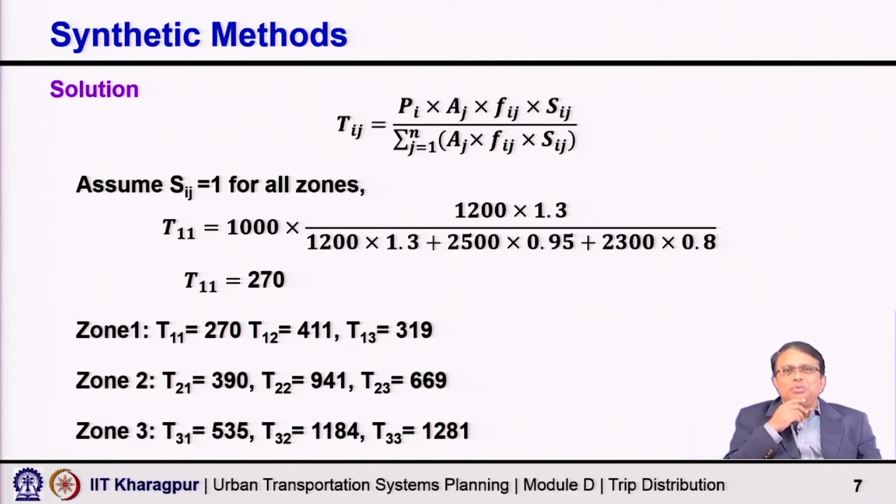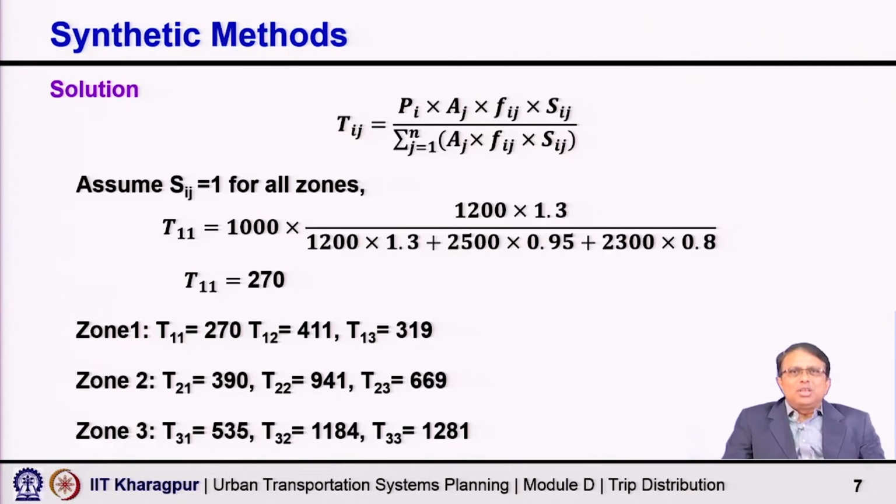So, what is the value of T11? It will be 270 if you calculate it, and hopefully my calculation is correct. Same way you can calculate T12. T12 will be same like T11 1000 into, instead of 1200 into 1.3, it will be 2500 into 0.95 divided by the same as it is there in T11.